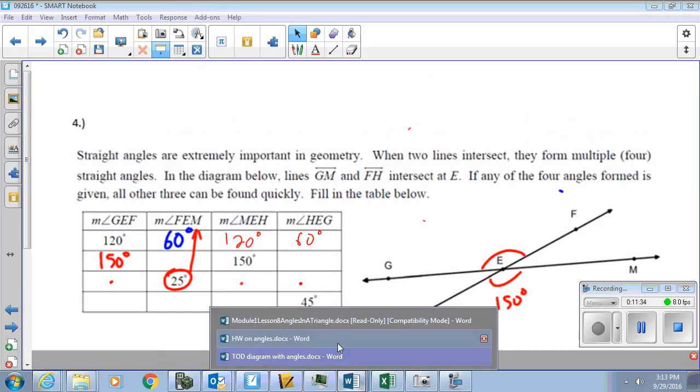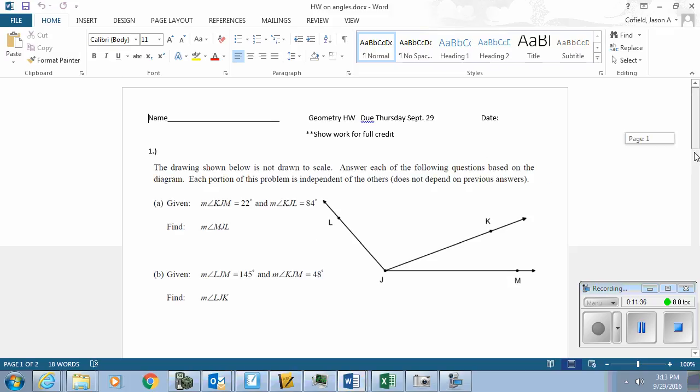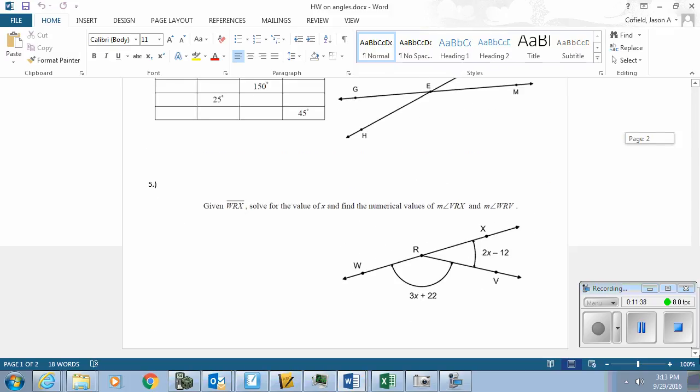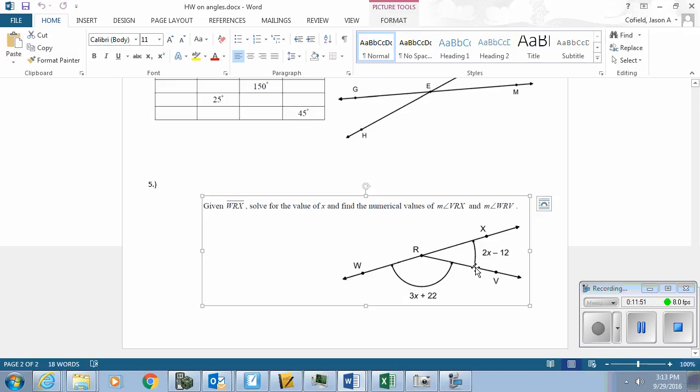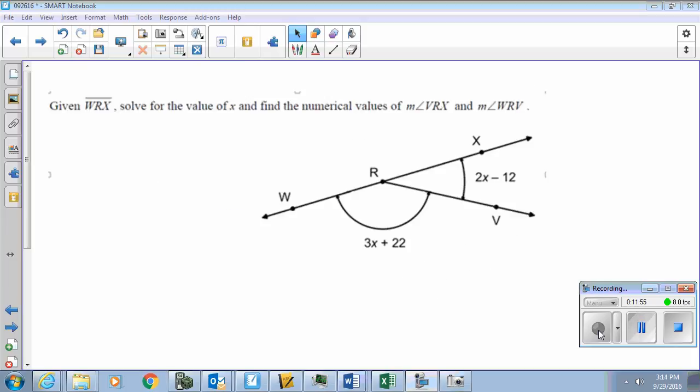Let's look here. The last problem. I'm not going to go over this last problem here, but I will say that it's going to be one of your three options.